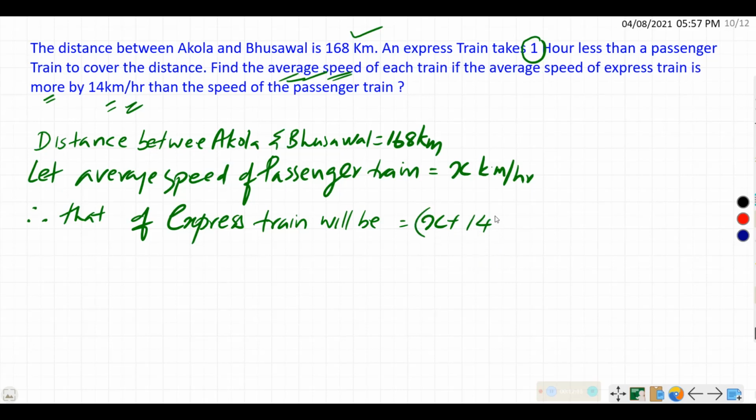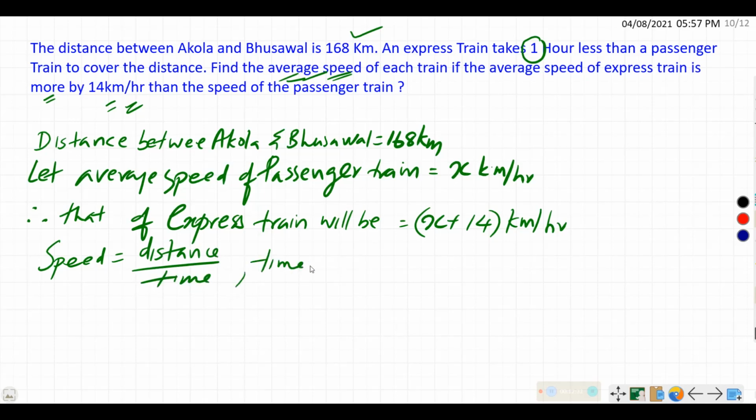So 14 will be added. Another interesting thing is there is a 1 hour difference between the time taken, which is a clue for us to go ahead. We know that speed is equal to distance upon time. That means time taken will be calculated accordingly. Distance upon speed.